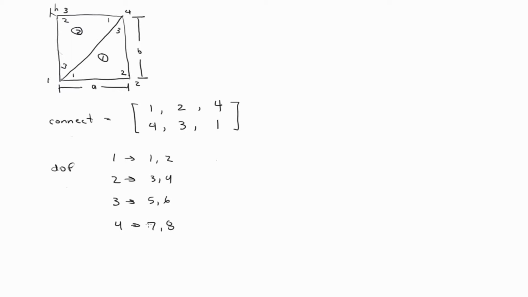So ultimately, if we assemble those 2 elements, we're going to have an 8x8 global stiffness matrix, right? And so node 1 has x and y, which will map to 1 and 2. Node 2 has x and y, which will map to 3 and 4, and so on, right?